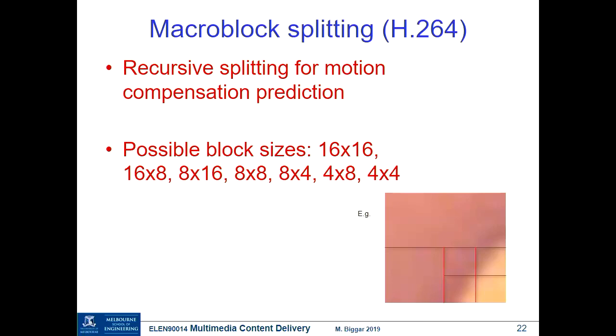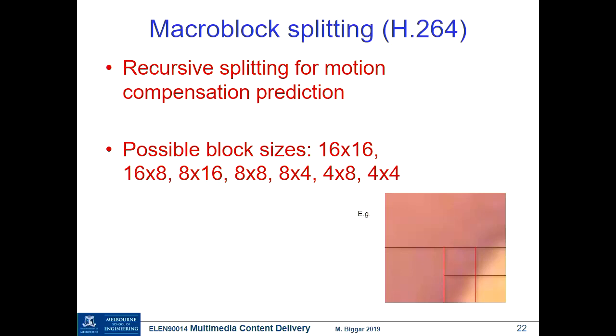this 16 by 16 block, I imagine it was, is analysed by the encoder, and it decides that the motion that's being described across this whole 16 by 16 block is not uniform. And in fact, this part is moving in one direction, and this part might be moving in another direction.